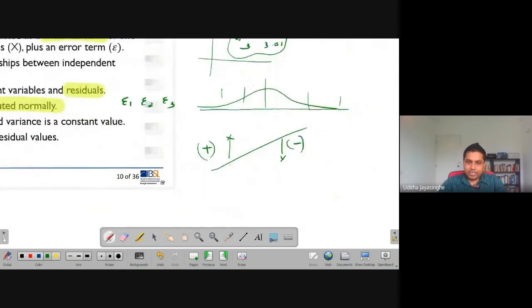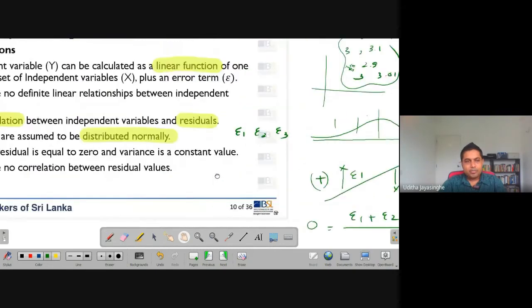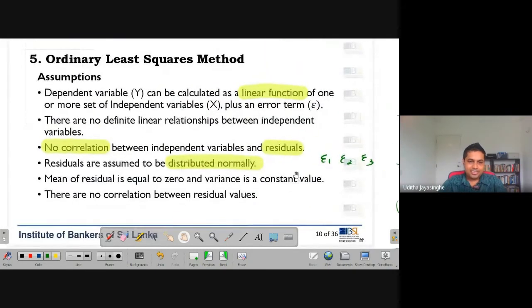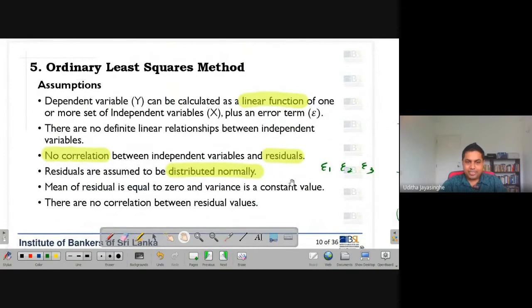Let's say this is E1 and E2. E1 plus E2 plus up until En, divided by n, is going to be 0. That means it's an optimized position. If it is not equal to 0, that means there is a much better line than the one that we made.